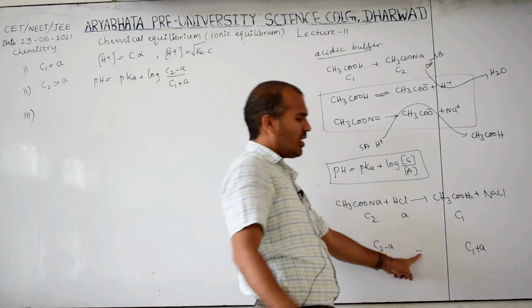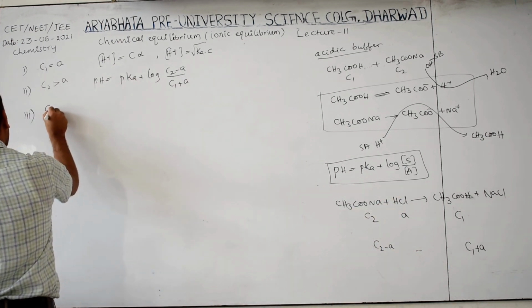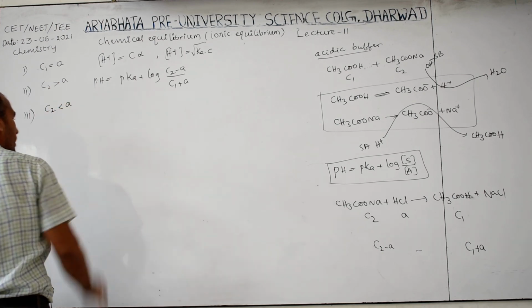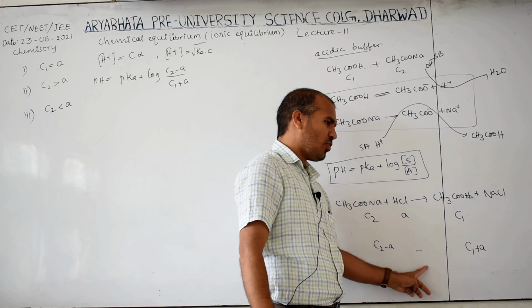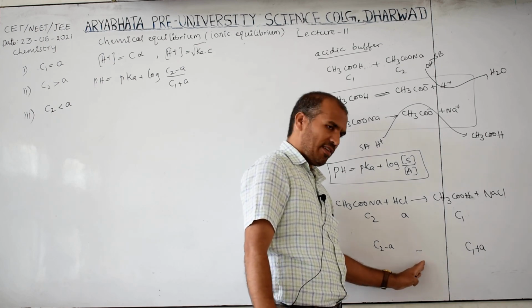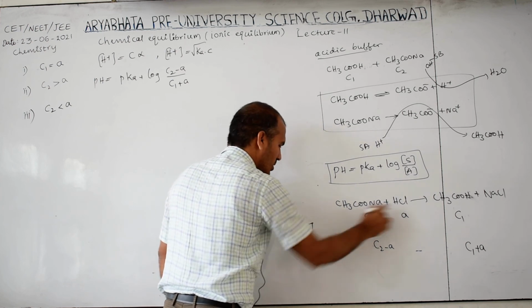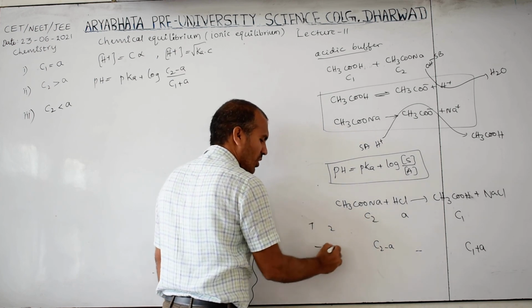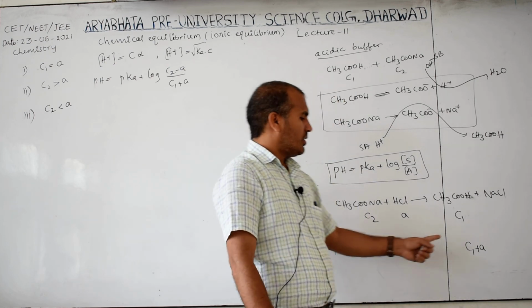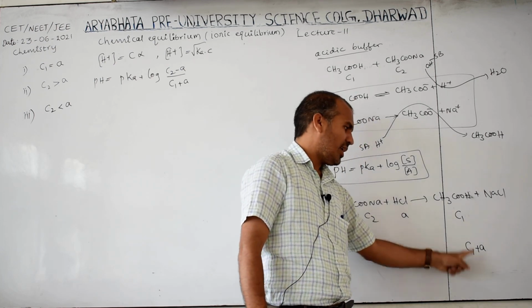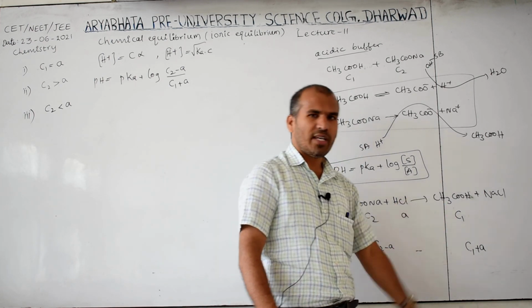Third case, what is there? Now this is the limiting reagent, for example. At that time C2 is less than A. Then what happened? This is 1 mole. If it is 2 moles, then 1 mole reacts and 1 mole is left. So consider, for example, this is 1 mole, this is 2 moles. Then 1 mole is completed, here 1 mole is left. Then what will form here? C1 plus something extra forms with respect to salt. But the formed one is weak acid.